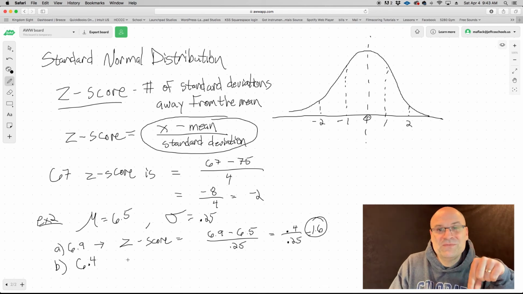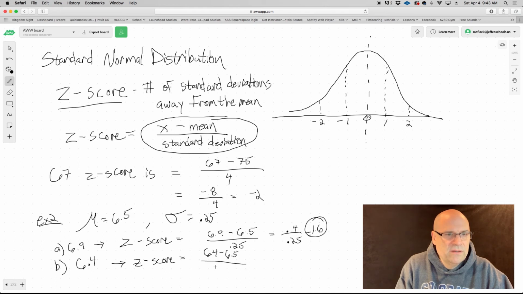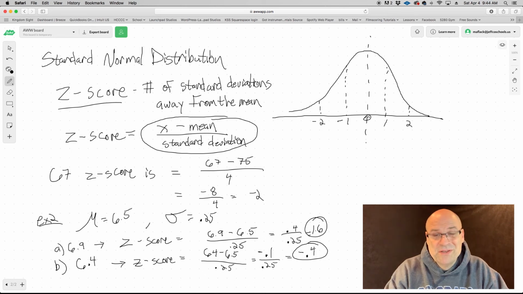Remember, when you're asking for how many standard deviations, that's just the z-score. Okay, so let's plug it in. So z-score equals 6.4 minus 6.5 all over 0.25. So that's negative 0.1 divided by 0.25, which equals negative 0.4. That's pretty much all there is to it.